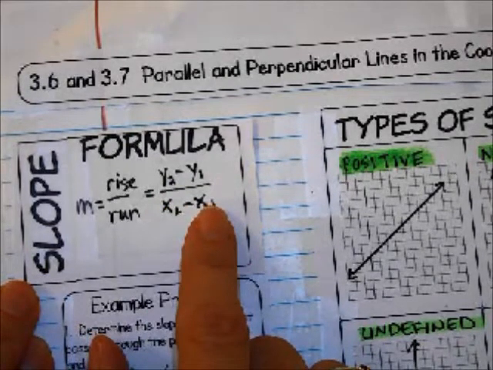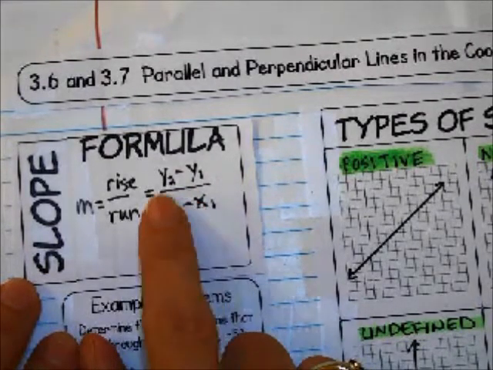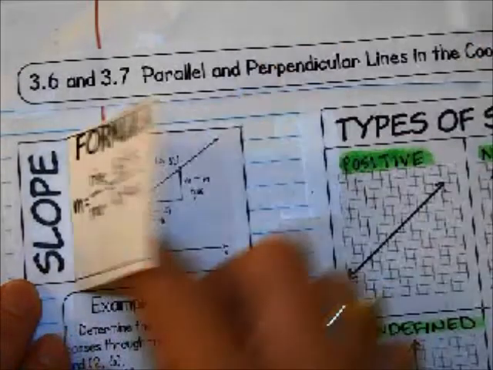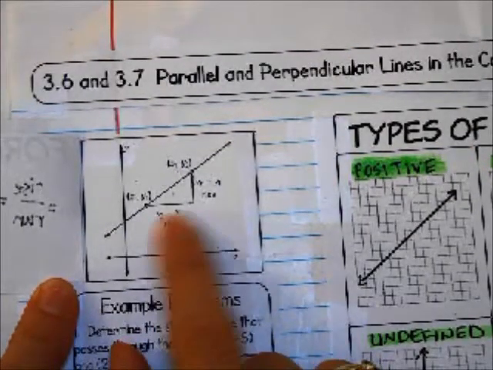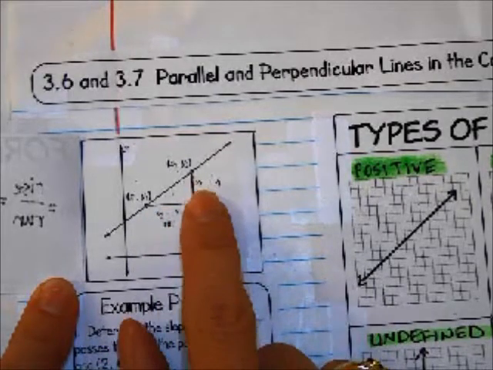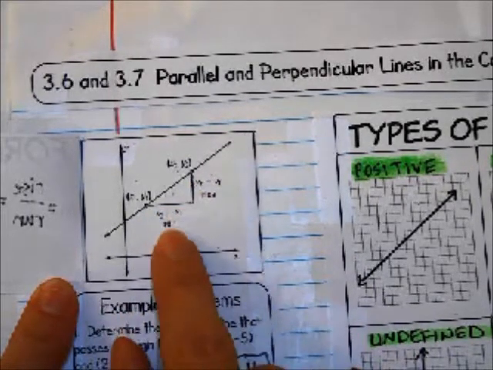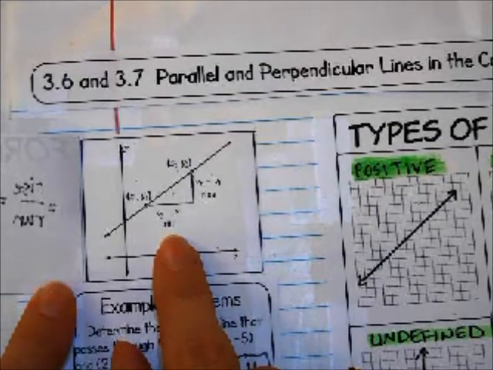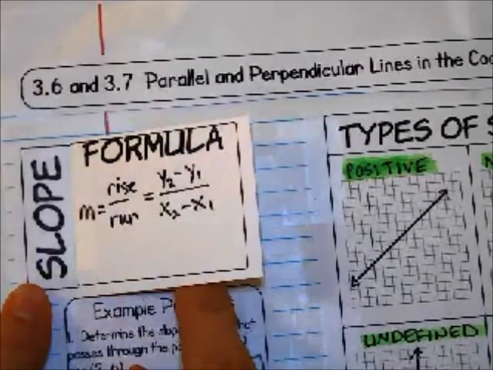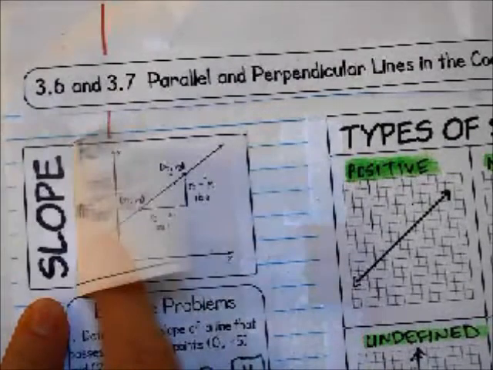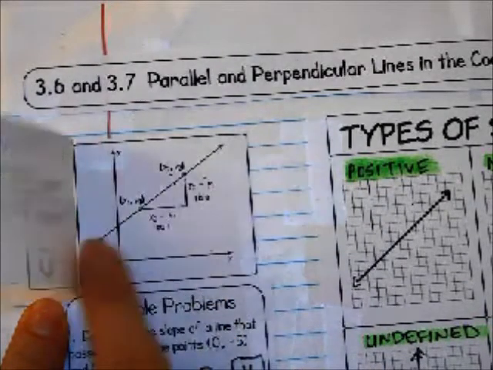That's what you did last year. If I give you 2 points, then you can find the slope. On the back of this is how we get the rise and the run, so you can look that over. Again, that's just a review. If you need to, pause the video and create this little foldable, just to review rise over run.